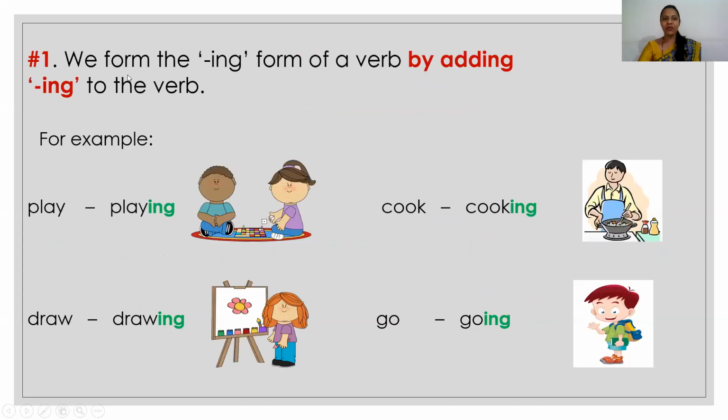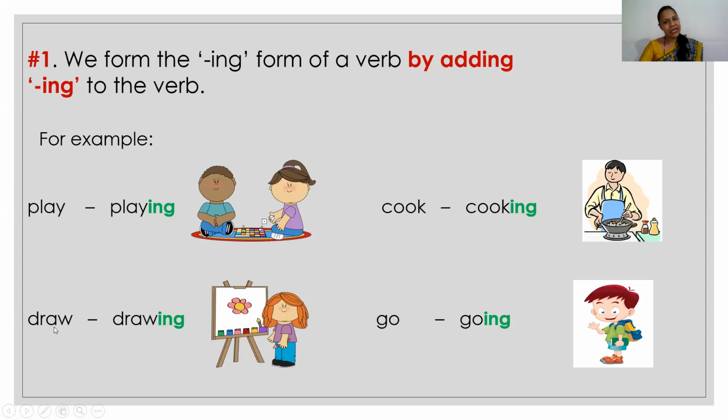First rule, we form the ing form of a verb by adding ing to the verb. This is the first rule. In this, we simply add ing at the end of the base verb. For example, play. Now, we simply add ing to the end of the verb play and it becomes playing. Cook. By adding ing, it becomes cooking.